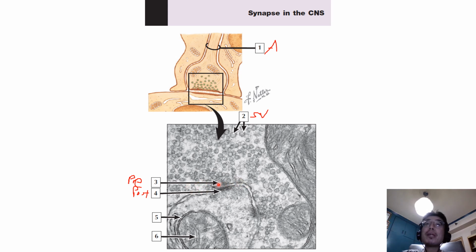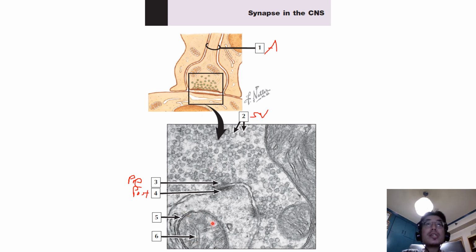And when the synaptic vesicles fuse with the presynaptic membrane, they discharge their neurotransmitter contents into the synaptic cleft, which is the space between the pre and the postsynaptic membranes. 4 is the postsynaptic membrane, and it contains receptors which attach the neurotransmitters, thereby affecting the particular change which the neurotransmitter is designed for.